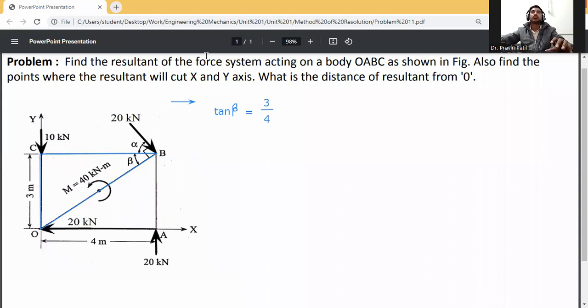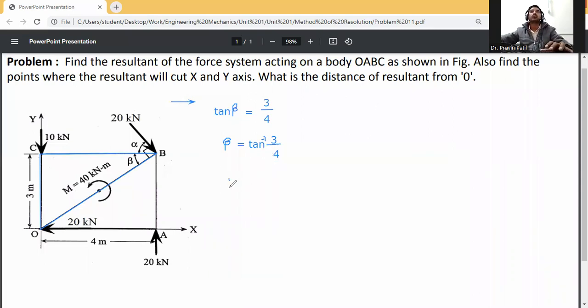So beta is equal to tan inverse of 3 by 4. From this relation we get the beta value.